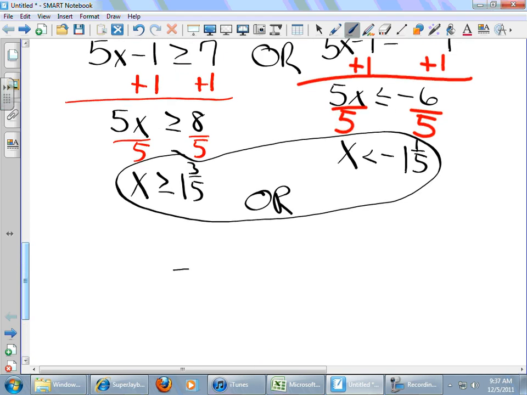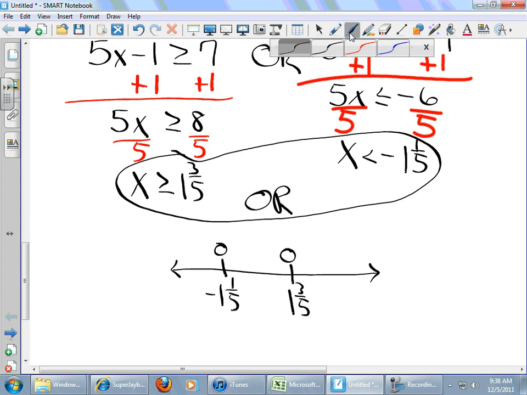All right, my number line would look like this. Okay, let me see here. I've got a 1 3/5 over here with an open circle. I've got a -1 1/5 over here with an open point. And I've got to see which way's the shade.